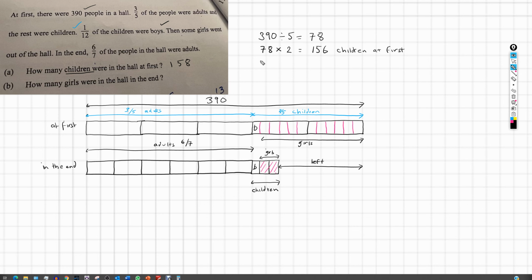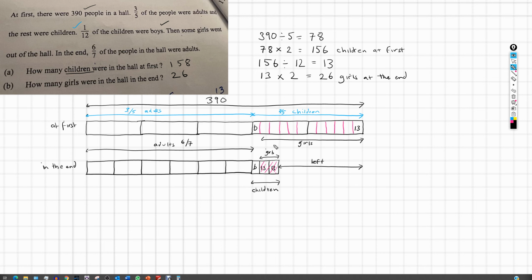So 156 divided by 12 gives us 13. Each of these portions has a value of 13. And the girls is 2 of these, so 13 times 2 gives us 26 girls at the end. We'll put that in here, so that's 26.